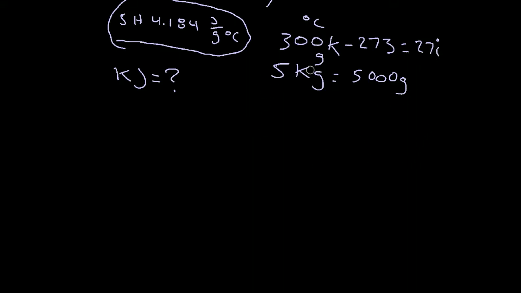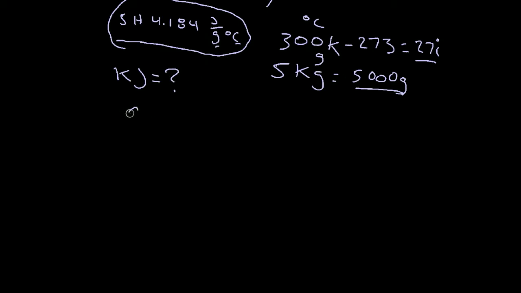Alright, so now it's basically just plug and chug. We have our mass in grams, which matches that. We have our temperature change in degrees Celsius, which matches that. And our final answer is going to come out in joules, but we can change that once we get it.